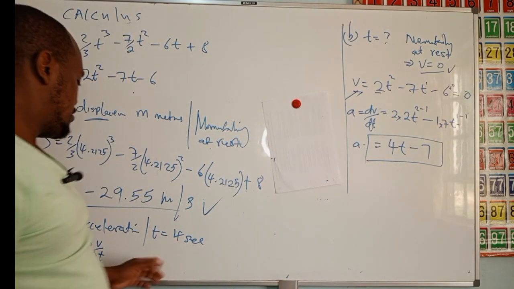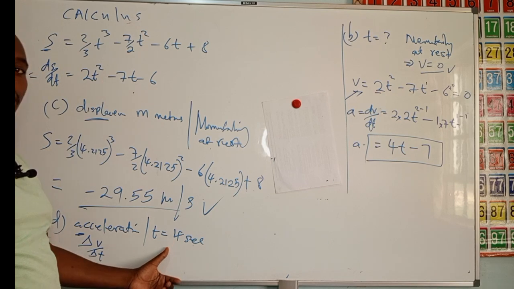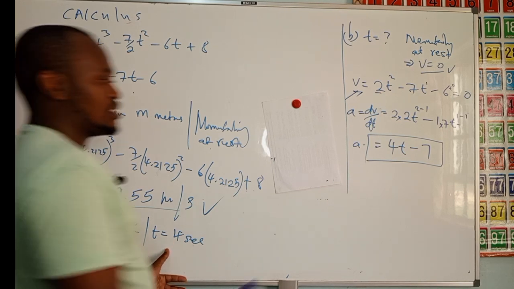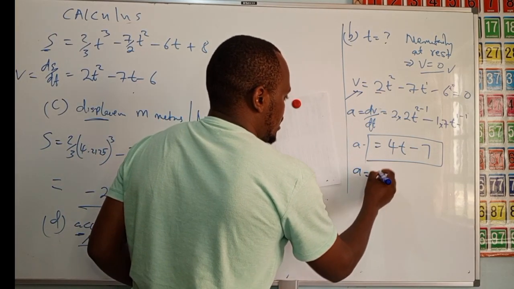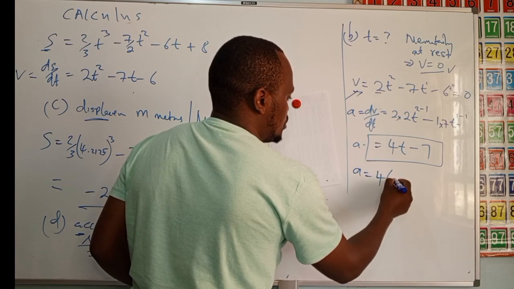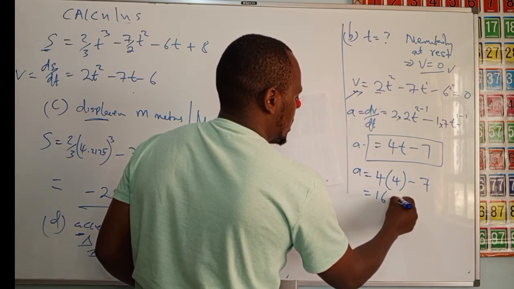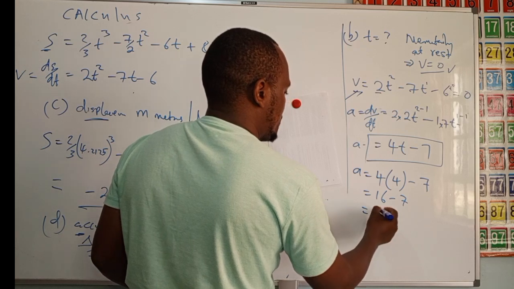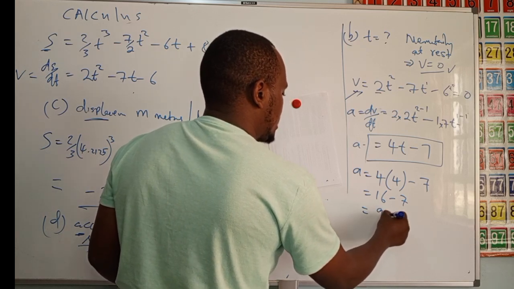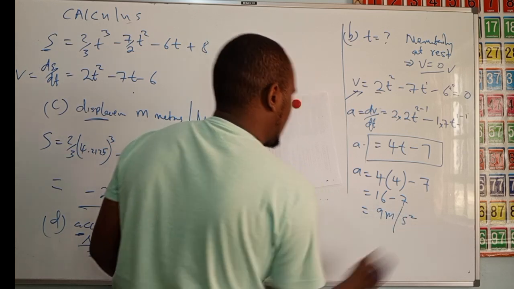But we are told to find acceleration when t is 4 seconds. So acceleration is 4, where there is t you put 4, minus 7. So this is 16 minus 7. This is 9 meters per second squared.